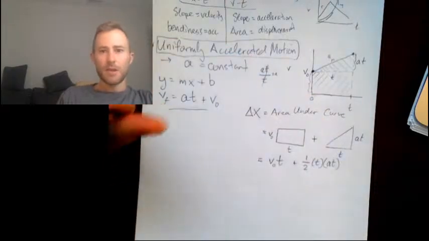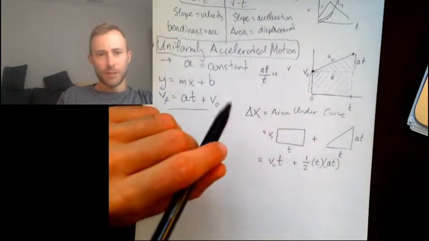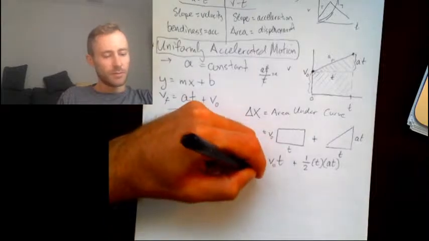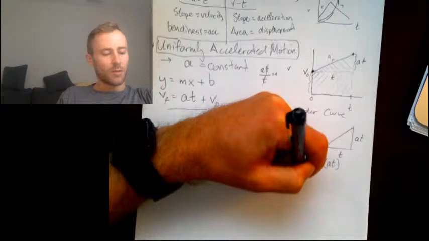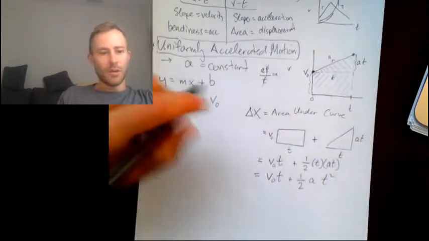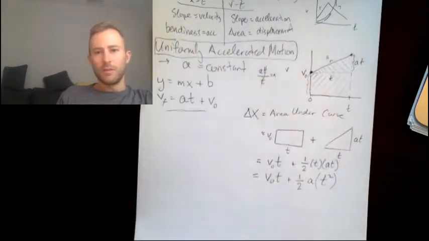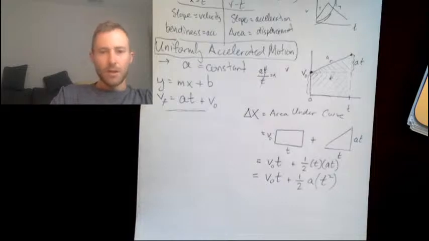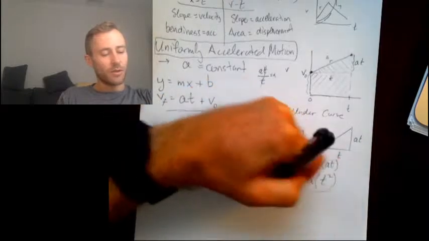Notice how we have t times t, so that is t squared. V naught t plus 1/2 a t squared. I want to make sure you understand that only the time is squared. So that gives us another equation.